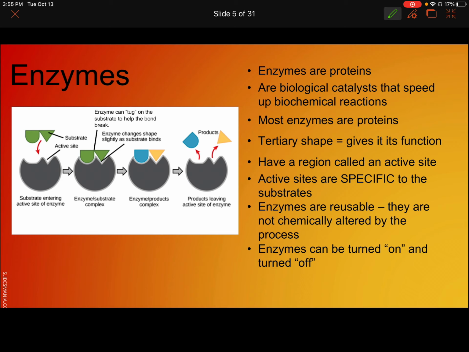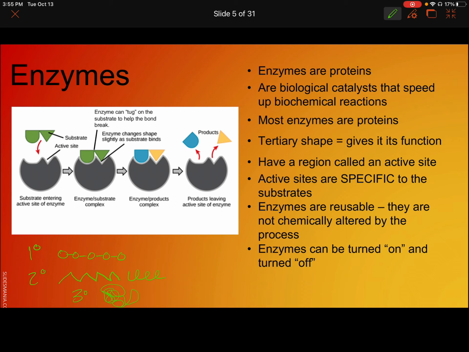If you remember, the primary shape was the order of amino acids, and the secondary shape was if it bent into beta sheets or helixes. And then the tertiary shape was its three-dimensional shape, and how it actually folded up.